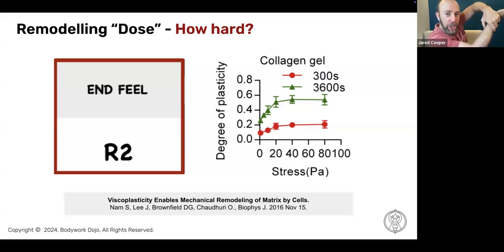When I apply compression to R2, and then I shear it, see if you can see this, then I shear the connective tissue to R2. Each one of those levers is taken exactly to the R2 point, and that will indicate the maximal therapeutic dose that doesn't go beyond that to the point where we get pain or, God forbid, tissue inflammation or tissue injury, because it peaks out. And then how long do you hold it?